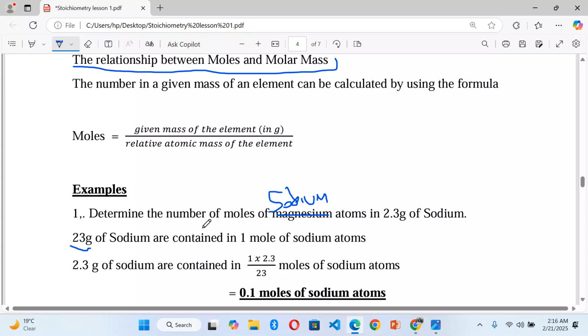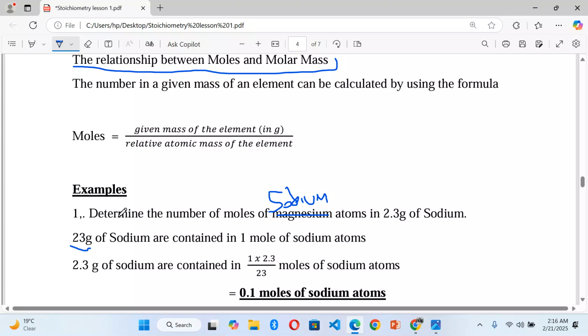If 23 grams contain this, what about 2.3 grams of sodium? It is contained in 1 times 2.3 divided by 23. So we divide by 23 both sides, multiply by 2.3, and we get 0.1 moles of sodium atoms.